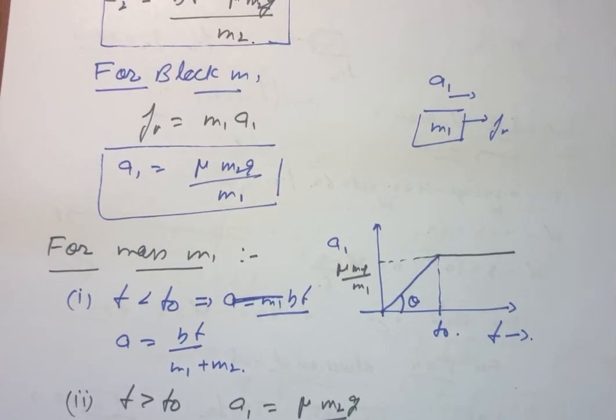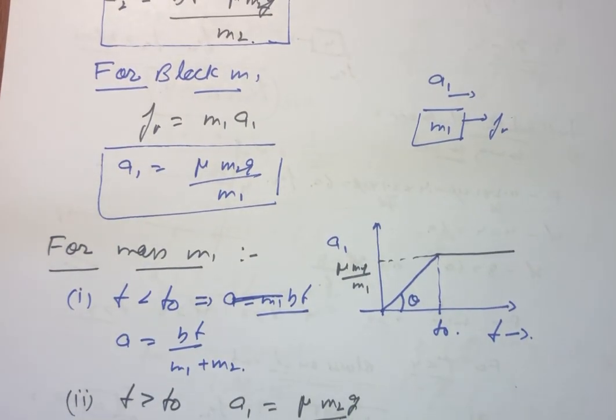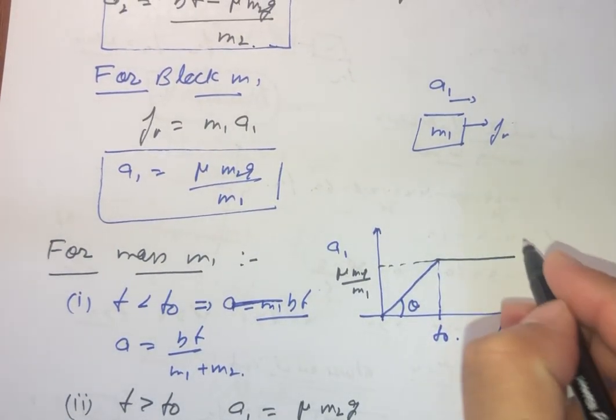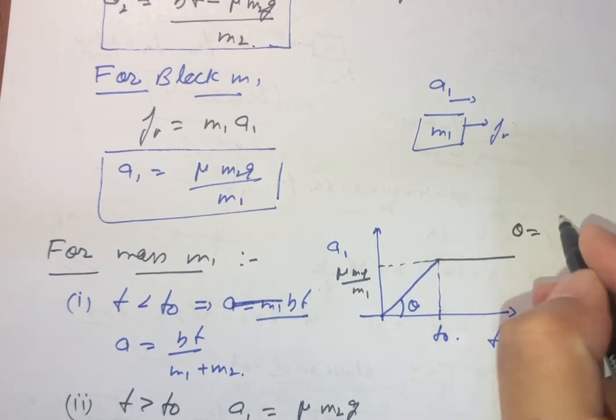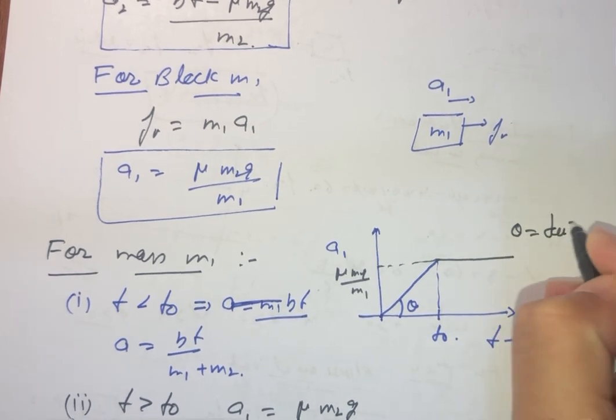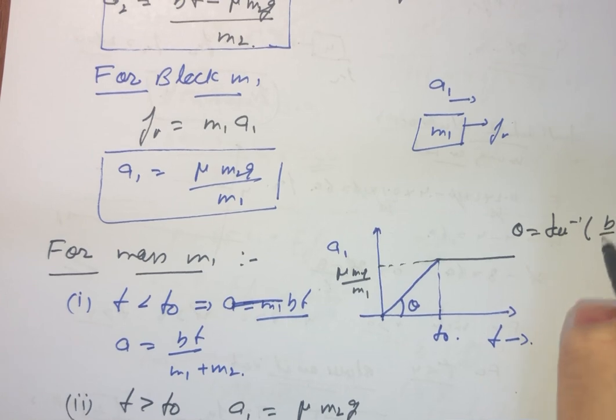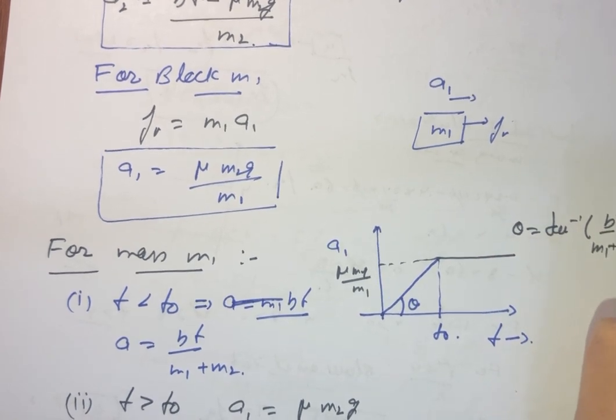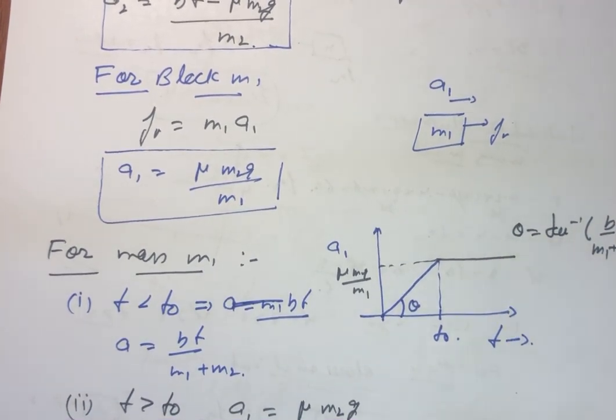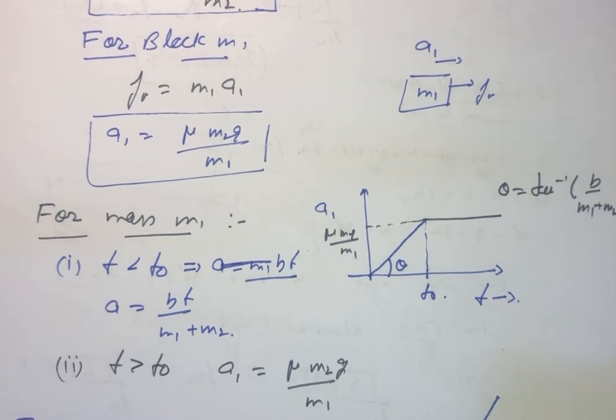So these are the graphs for acceleration, and we can also write the value of theta. Here theta is equal to tangent inverse of b divided by (m1 plus m2).